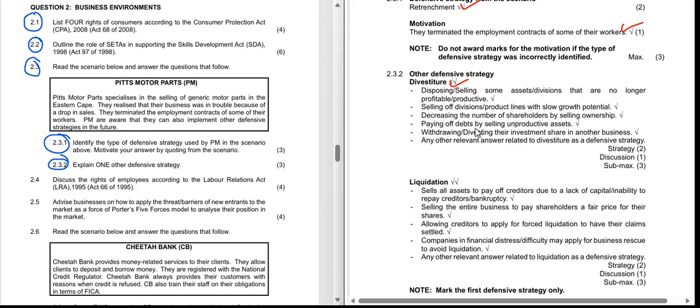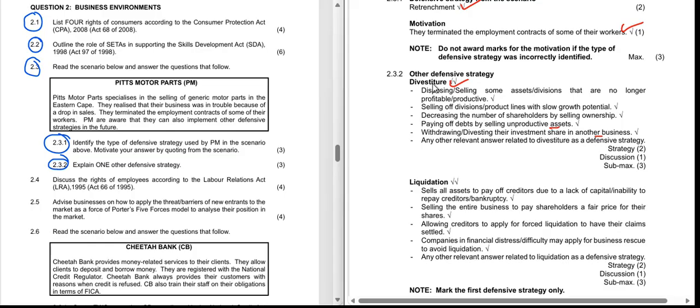Paying off debts by selling unproductive assets, exactly. If you've got assets that are obsolete or that you are not really using, you can sell those assets. That's another defensive strategy. You can sell those assets to raise more money, and then withdrawing or divesting their investment share in another business. So this is another defensive strategy, selling some assets.